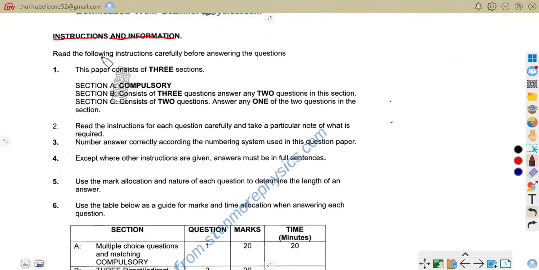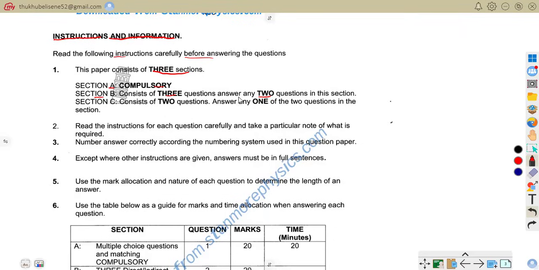It says read the following instructions carefully before answering the questions. So let us go through the instructions before we attempt any question. They are very important. Instruction number 1 says this paper consists of 3 sections. We have section A, which is compulsory. We have section B, which consists of 3 questions, and you are to answer only 2 questions in these sections.